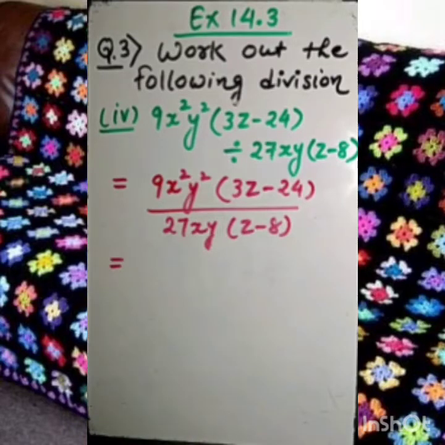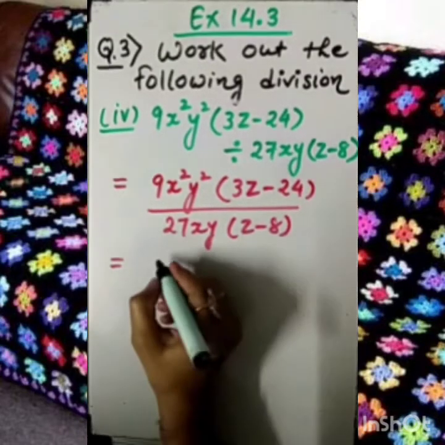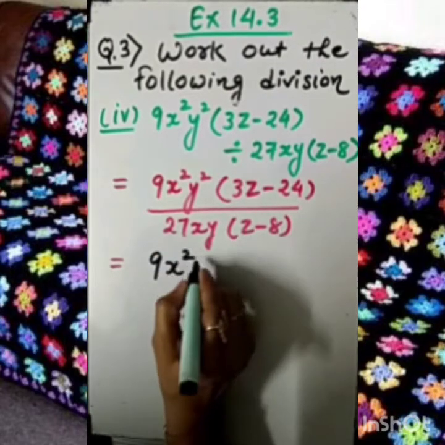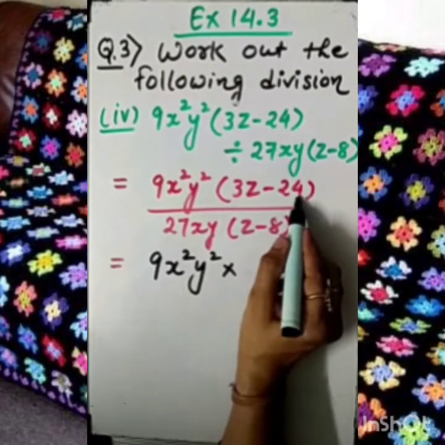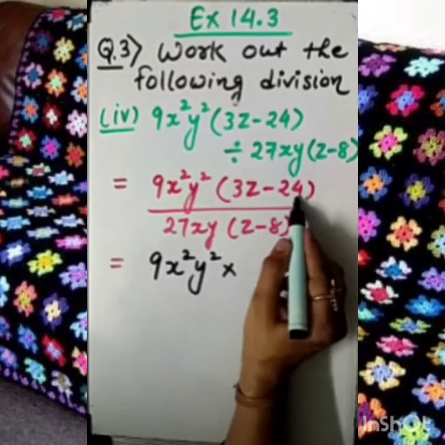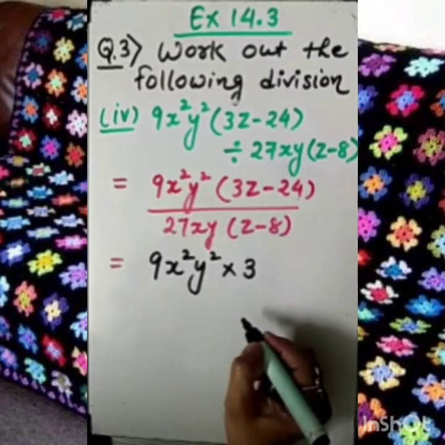So first of all, I am multiplying. Here the next step is 9x square y square. Now dear student, here we have 3 and 24. So 3 ones are 3, 3 eights are 24. So I can take out 3 as a common.